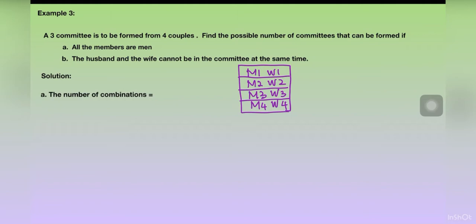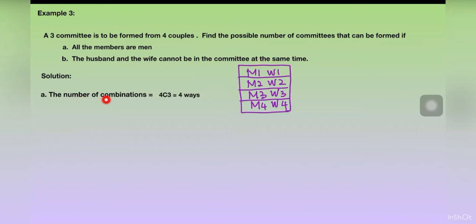Example 3. A committee of 3 is to be formed from 4 couples. A: Find the possible number of committees that can be formed if all the members are men. B: The husband and the wife cannot be in the committee at the same time.